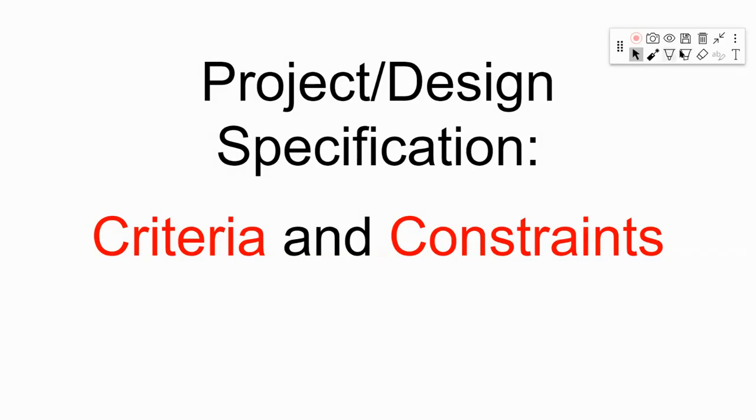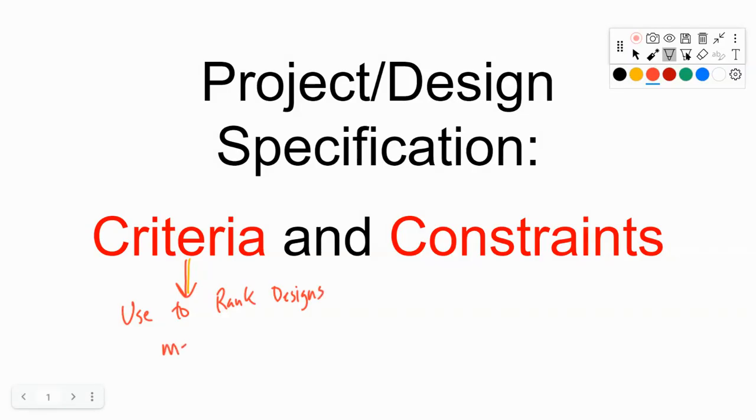As we talk about criterion constraints, remember criteria are something you can use to rank designs, and they are measurable. So things like battery life, actual cost.